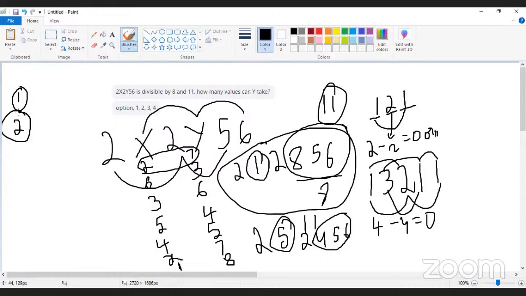Now I'm checking, is there any third option? I can take 0. If I take y as 0 and x as 9, that is also possible. Are you clear with that? Yes, sir. Okay, done.